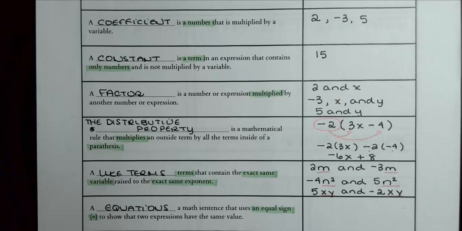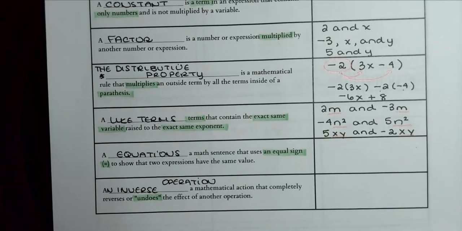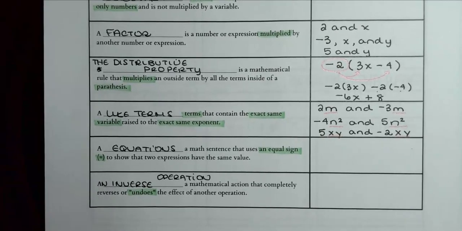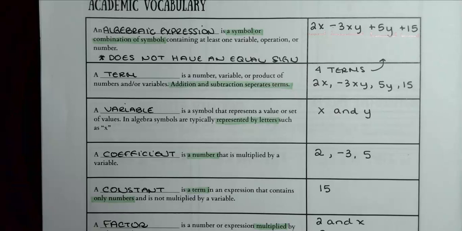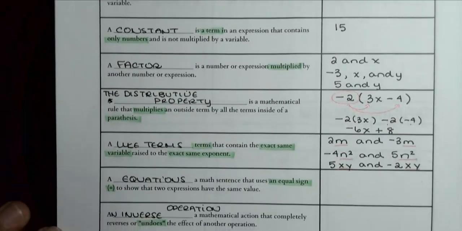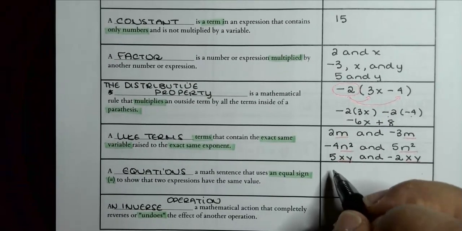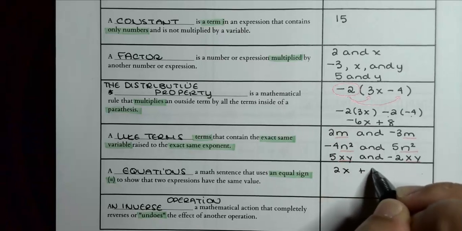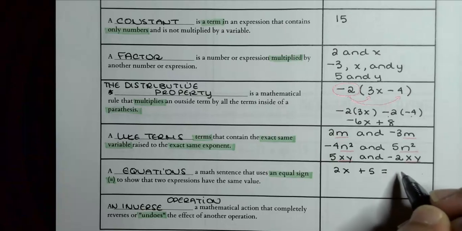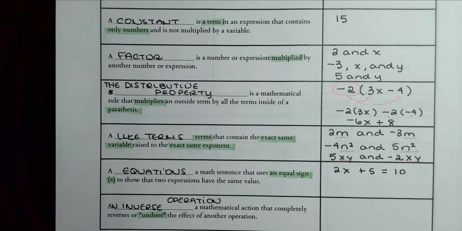All right, so we only have a couple more that we need to look at, so let's look at these two together. An equation is a math sentence that uses an equal sign to show that two expressions have the same value. So an expression just looks like this. Notice it doesn't have an equal sign. Equations have equal signs. So it would look something like 2x plus 5 is equal to 10.